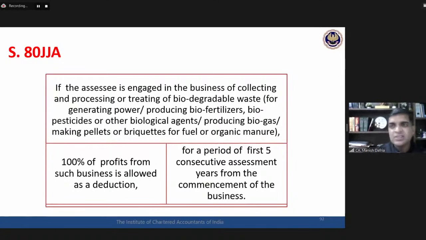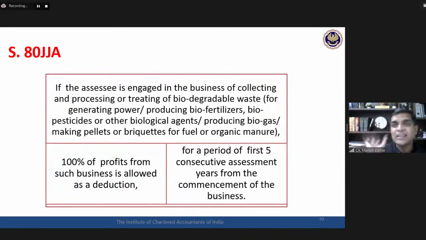So these exemptions are not available on a lifelong basis. They are available for a limited period of time. 80IAC 3 years, 80JJA 5 years. But I hope you are able to see a very important difference between this period. In 80IAC, this was 3 years within the first 10 years, so it may actually be the 8th, 9th, and 10th years also.